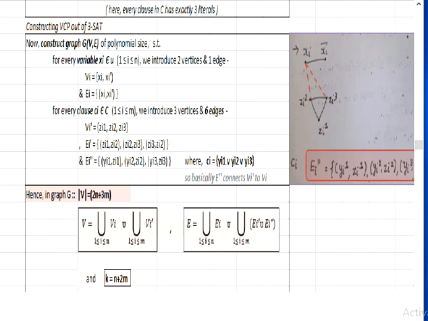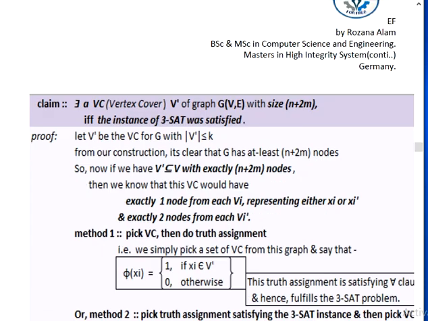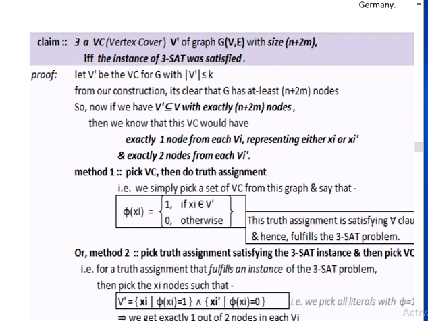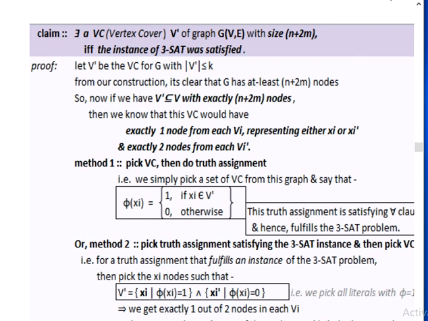So we have a claim that it can be shown in two ways. The claim says that the graph G has a vertex cover V' of size k, which is n plus 2m, if and only if the 3-SAT instance is satisfiable. We can prove it in two directions.